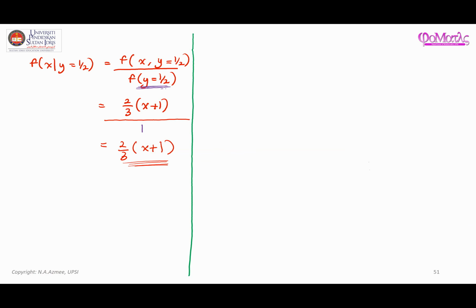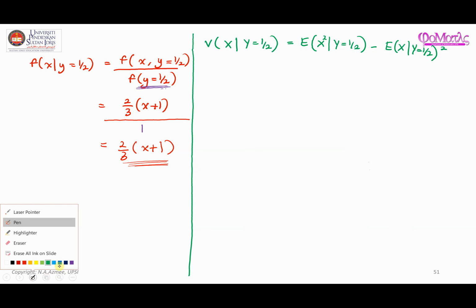We need to find the variance of x given y is equal to half, and according to the formula it's the expected value of x squared given y is equal to half, minus the expected value of x given y is equal to half, squared. This second part has already been done.